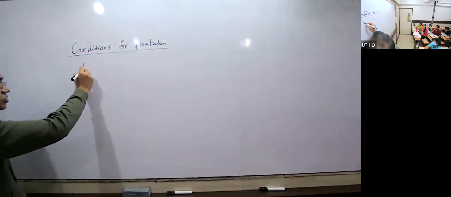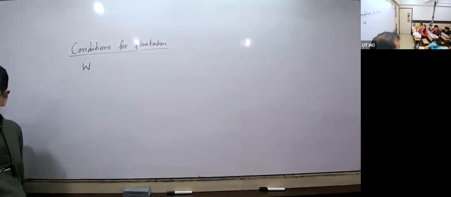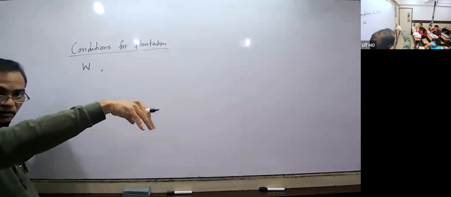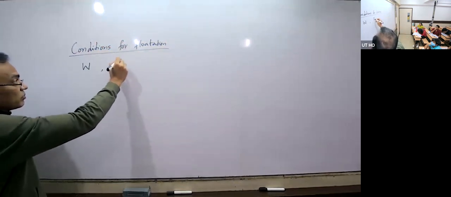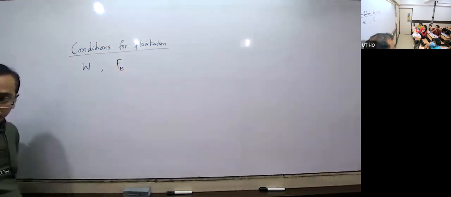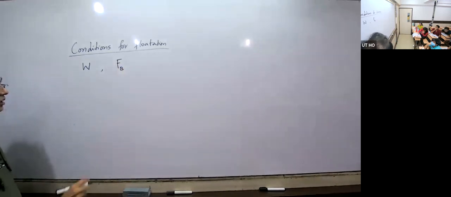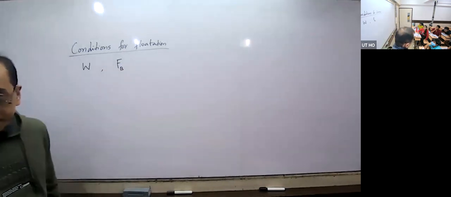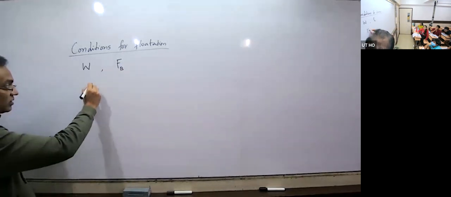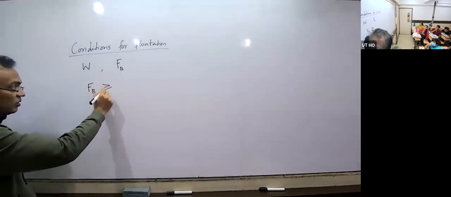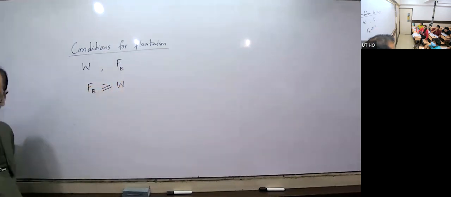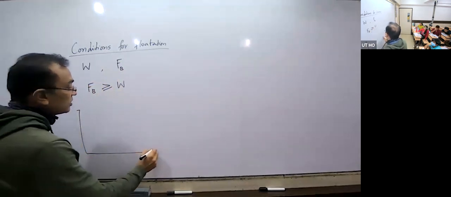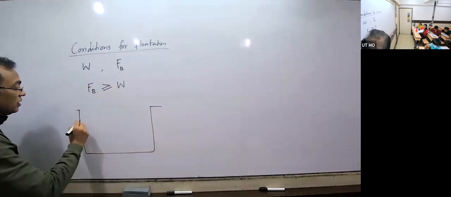You have a body which weighs W. Now I submerge it in a liquid, which causes upthrust on it, FB. Now, when should the body float? When FB is greater than or equal to the weight of the body. Let's say this is the situation, right?